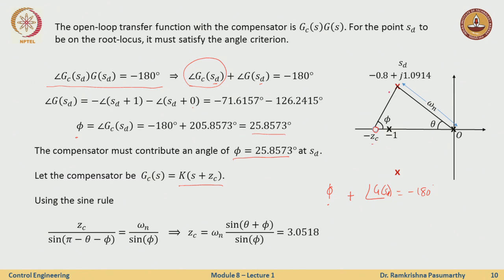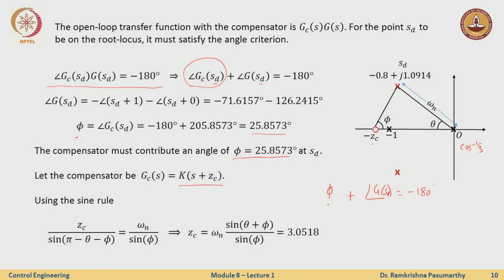Now, the total angle of G_c plus G should be minus 180. So I just use this little triangle here. This phi is given to me. Theta is also known to me, which comes from cos inverse theta.